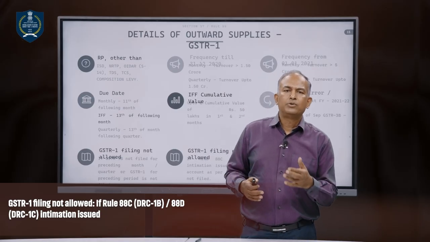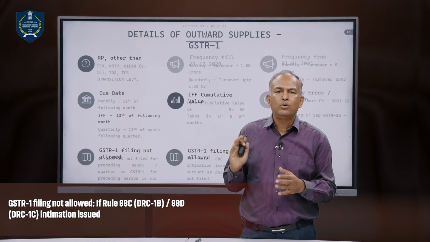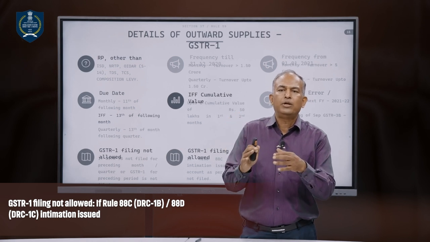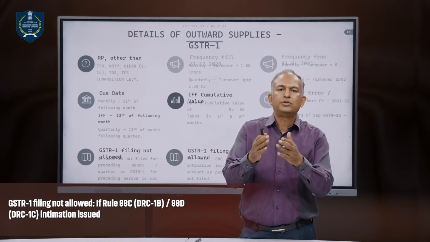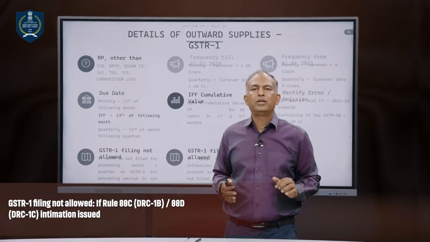If you recall the example I gave you, in that first line entry, the GSTR 1 value was 85 crores and the GSTR 3B value was about 20 crores. There was a mismatch of 65 crores.